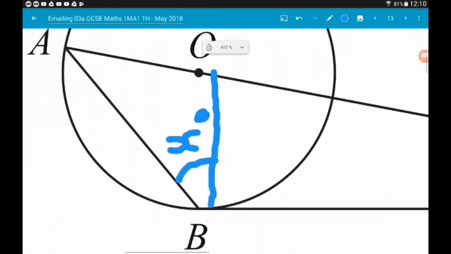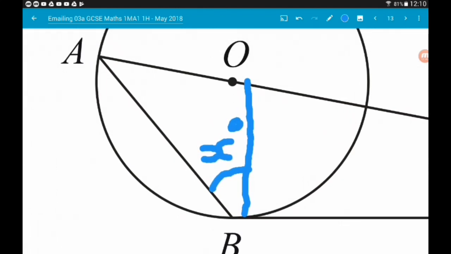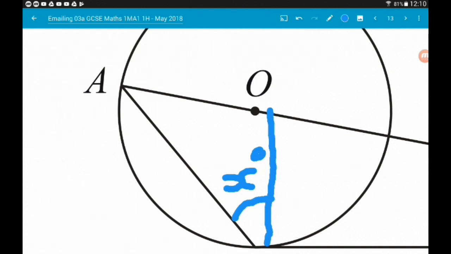Okay, so let's zoom in here. What do we know here? Well, we know O is the centre of the circle. So this blue line that I've drawn here is a radius, and the line AO is a radius.